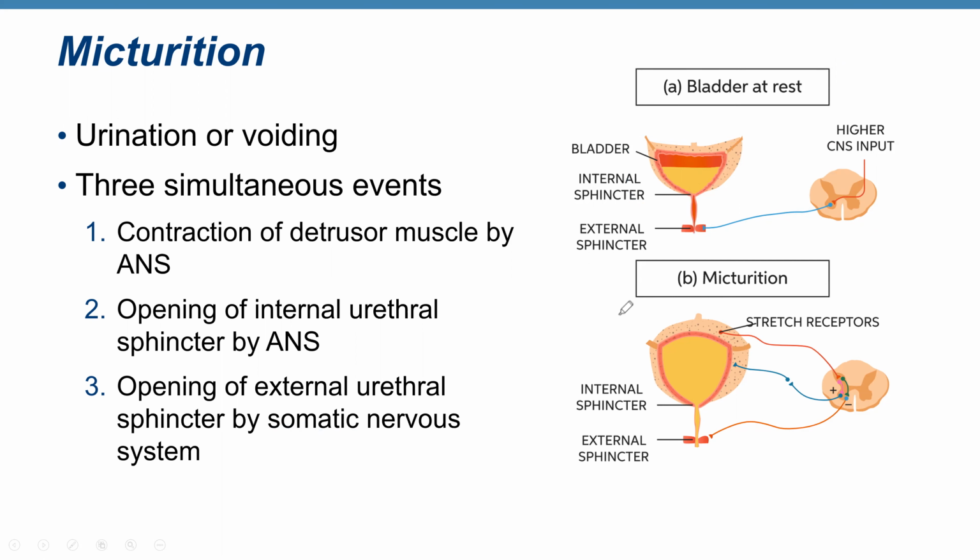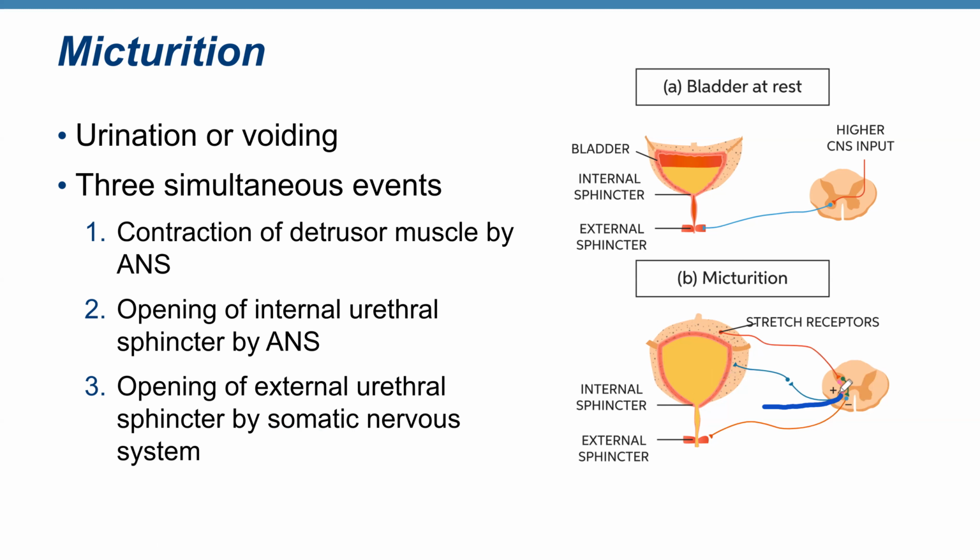Now, during urination, when the urinary bladder is filled with urine, it activates the stretch receptors in the wall of the urinary bladder, especially in the trigone, remember. Those stretch receptors send a signal to your nervous system, and the nervous system responds to the detrusor muscle, and the detrusor muscle contracts.